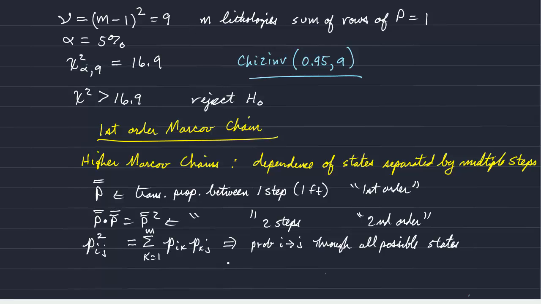So it's the probability, so little p ij is equal to the probability of going from i to state 1 to state j, plus the probability of going from i to state 2 to state j, and so on.